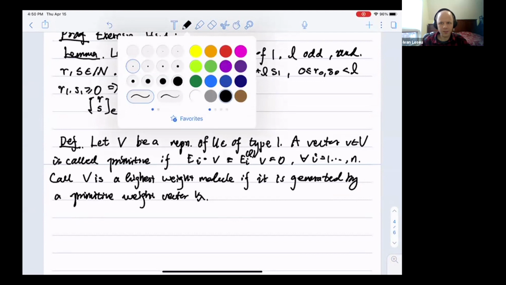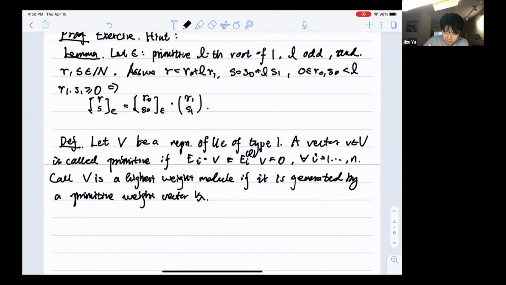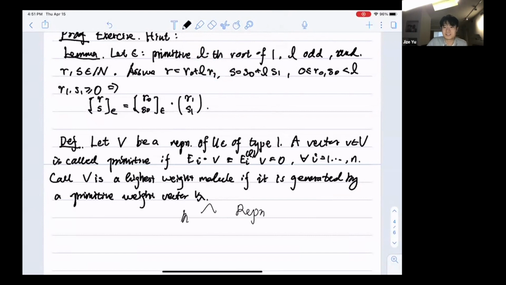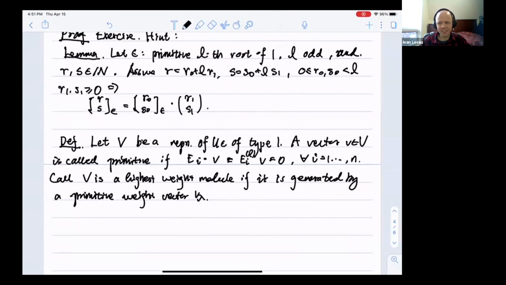I'll choose this one and try to write something. Does this look nicer? Well, it looks more readable. Okay, I will use this thickness. Thank you. You can also vary the thickness of the eraser. Yes, I know this trick. Thank you.